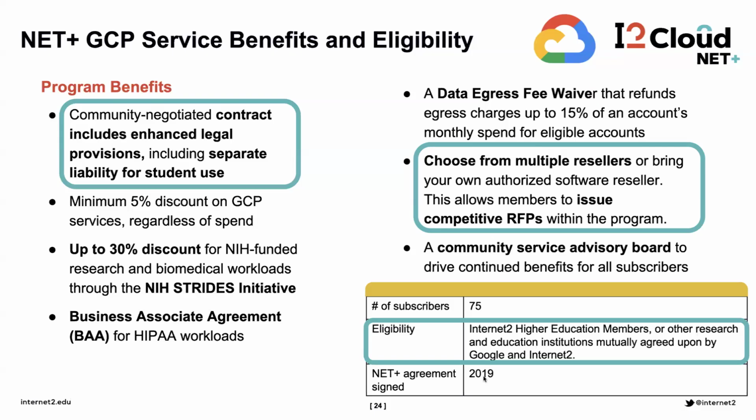It is Internet2 members by default, but any other research or education institution that's mutually agreed upon by Google and Internet2, which covers a wide swath of pretty much all of the higher ed education institutions in the US, as well as a number of nonprofit research organizations.